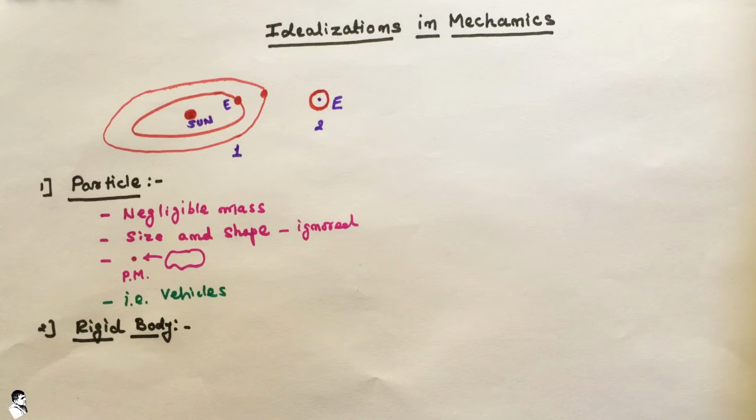Now whatever body we take for the study can be considered as a rigid body when the dimensions of the body will not change if we apply any type of action or force. So the dimension will not change.